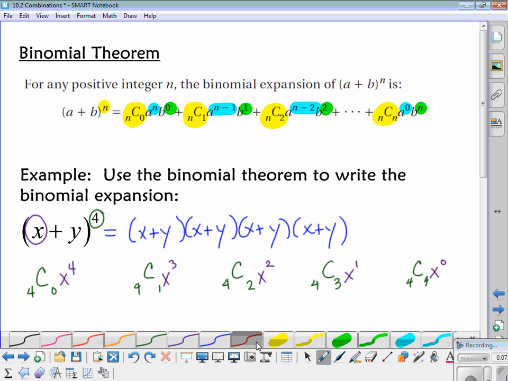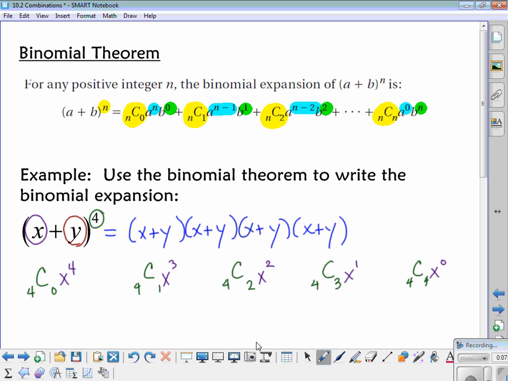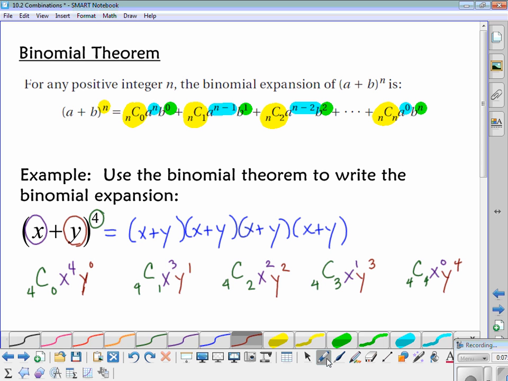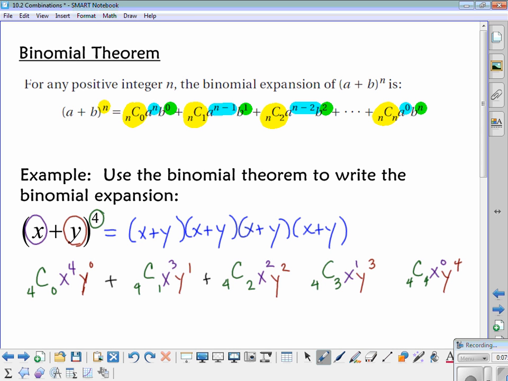For the last term, I'll go the opposite direction. I'm going to start at 0 and count up. So y to the 0, y to the 1st, y squared, y cubed, y to the 4th. And we've got plus signs between them.